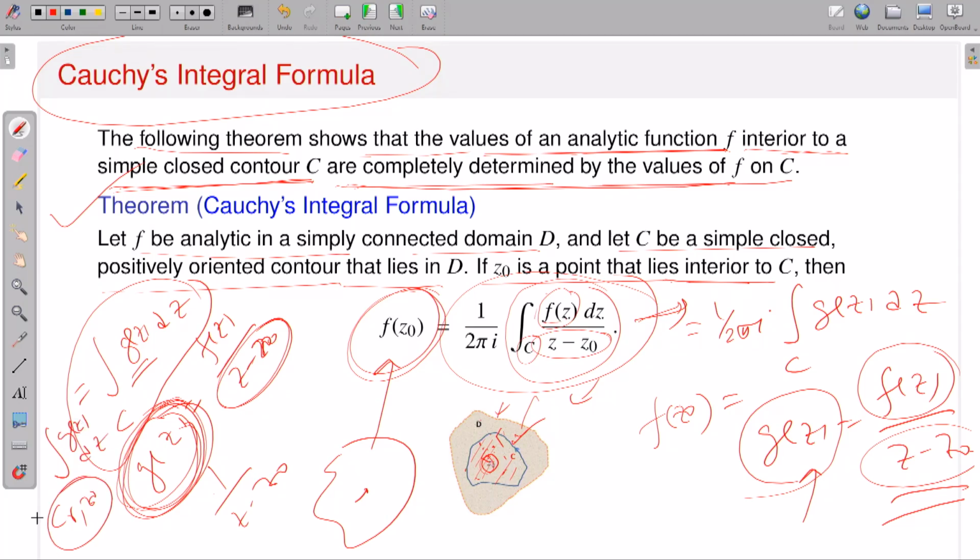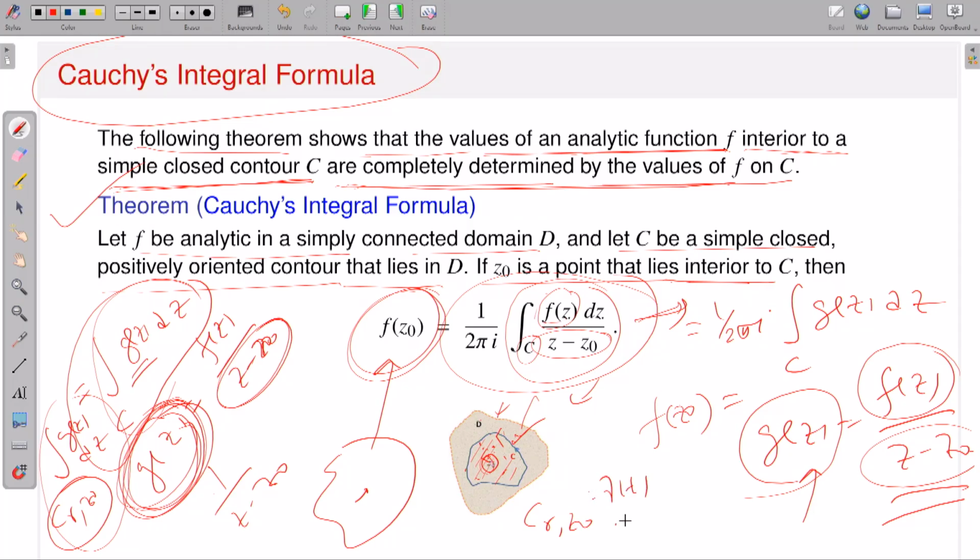What is C_R,z naught? It is a circle centered at the point z naught with radius R. By deformation of contour, the integral over C is the same as the integral over C_R,z naught, because C_R,z naught is a small circle positively oriented around z naught, and since it is a circle, I know the parameterization.